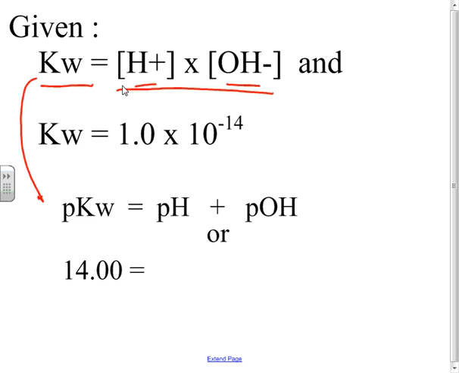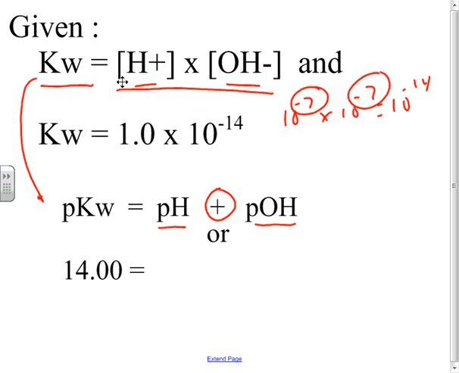Again, this is a logarithm: 10 to the minus 7th times 10 to the minus 7th equals 10 to the minus 14th. When you multiply exponents, you add them. These represent exponents, so we add them. And therefore, 14, which is the negative log of the Kw, equals pH plus pOH.